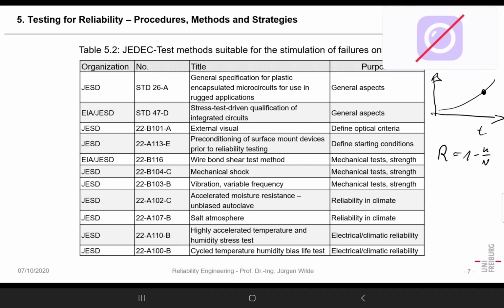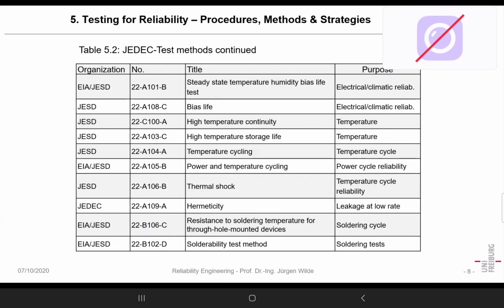They are really based on physical considerations and on analysis of why something failed. Okay, I will not go through more details here.